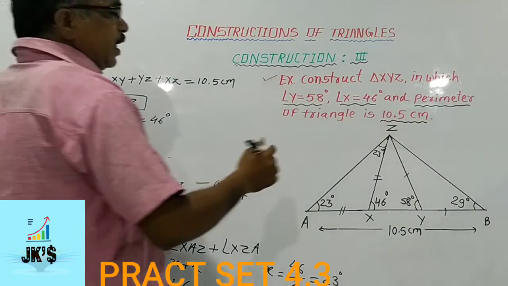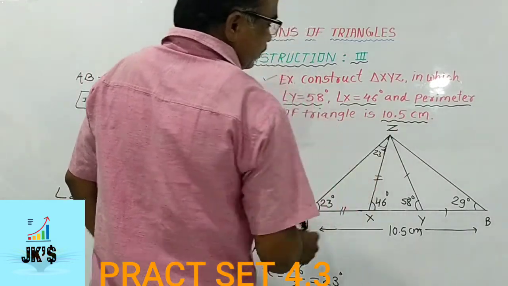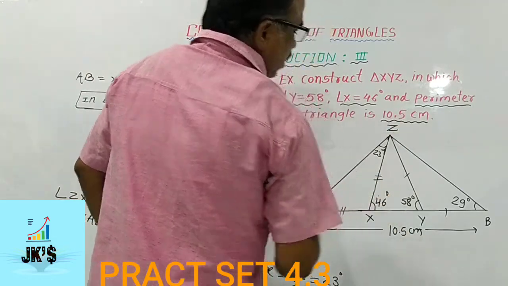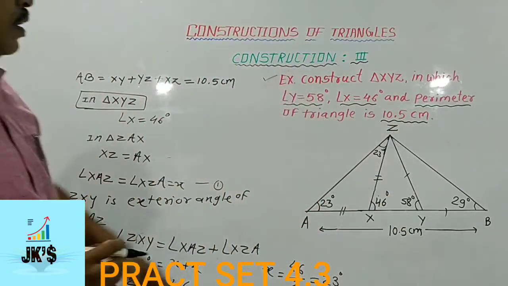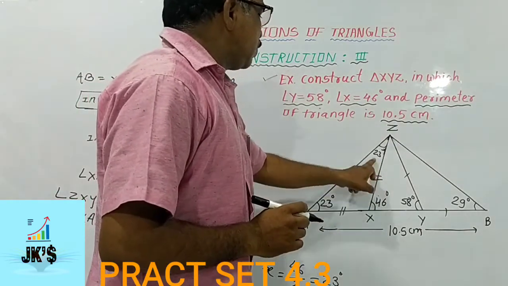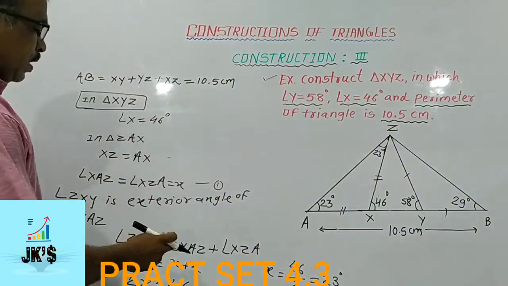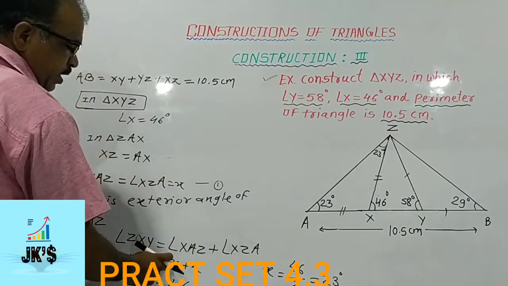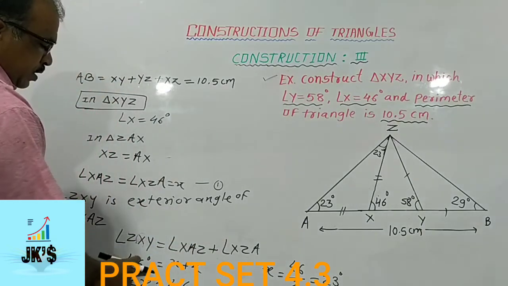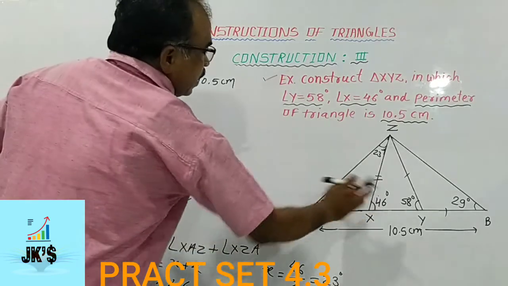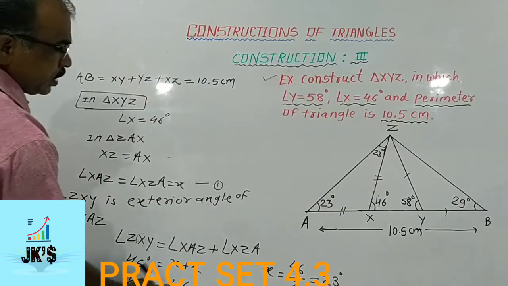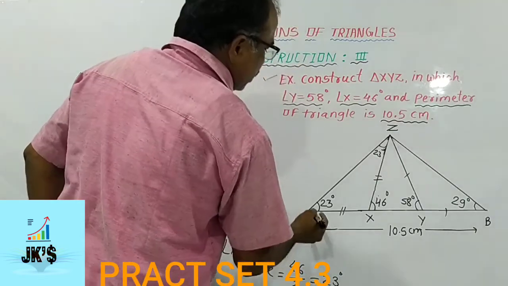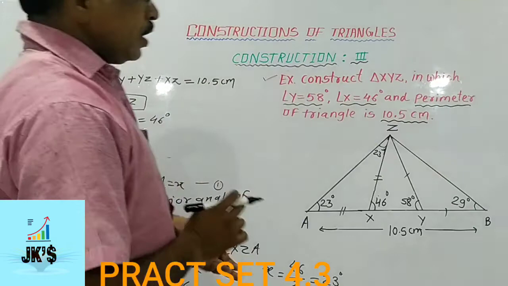And in the triangle AXZ, this angle ZXY is the exterior angle. This one equals this one plus this one, but these two are equal. Suppose each one is x, x plus x equals 2x, equals this angle, 46. 46 divided by 2 is 23. Means this angle A is 23.